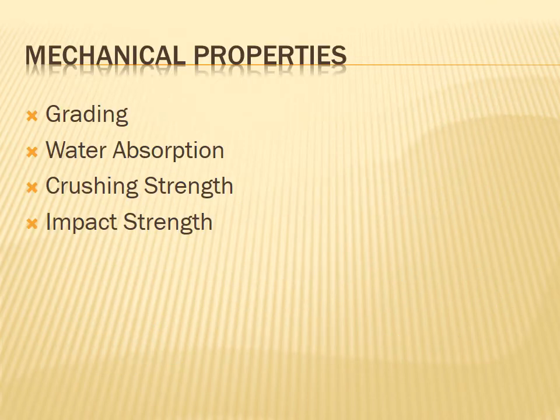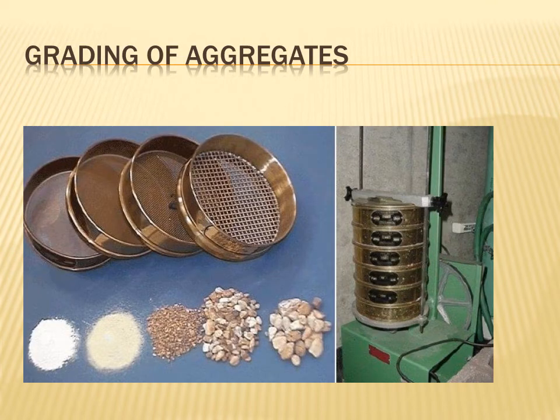Then its properties: grading, water absorption, crushing strength, impact strength, and we can include abrasion strength also. Grading is by sieve analysis to segregate the aggregates based on size; we have used it for both fine aggregate and coarse aggregate. The equipment here is for grading fine aggregates.